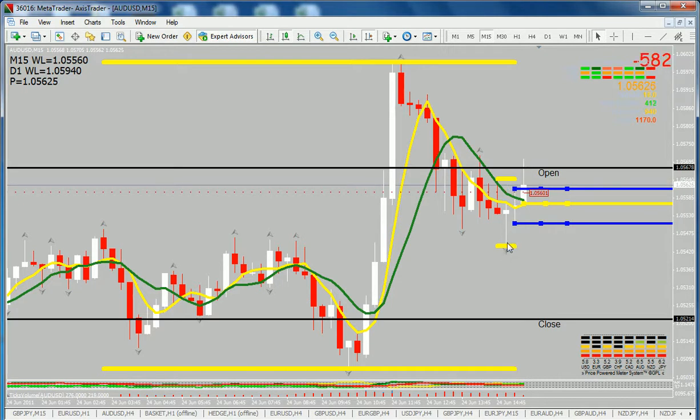This is the current trading range using our square, and this is the trading range, maximum and minimum of the trading range.